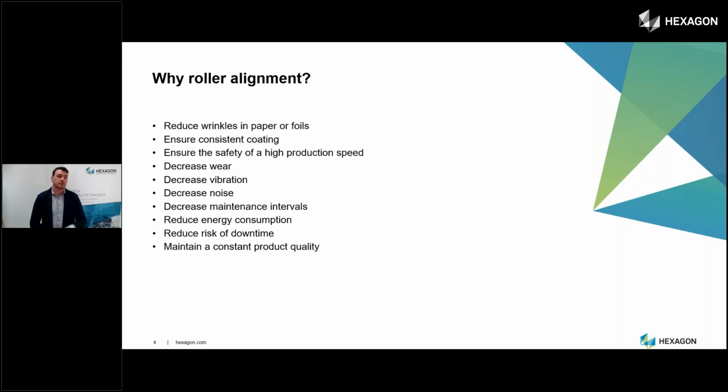Vibration also generates noise, so when you decrease the vibration, you also have less noise. You can also decrease the maintenance interval when there's less tension on the motors, for example. This will also reduce energy, and you have reduced risk of downtime because there's less pressure on the motors or the roll itself. And of course, you have a higher and consistent product quality.